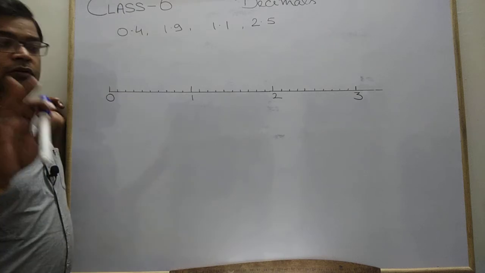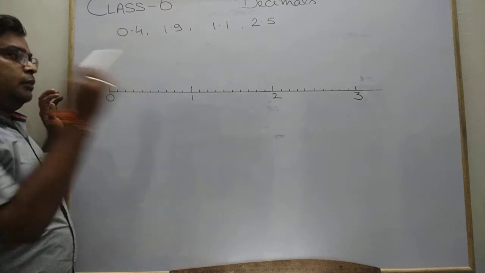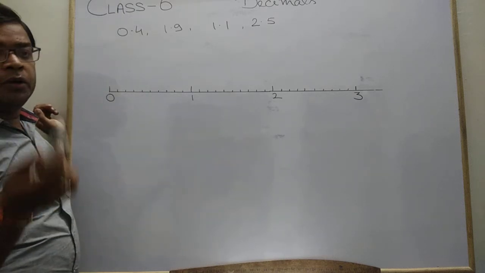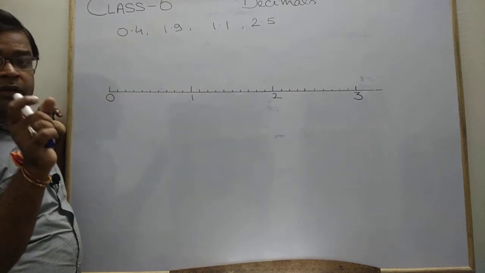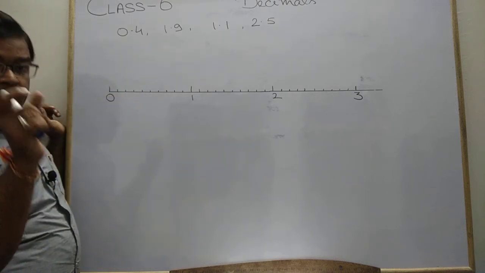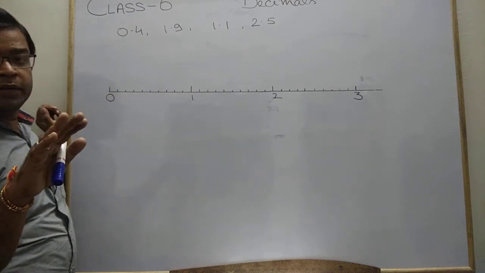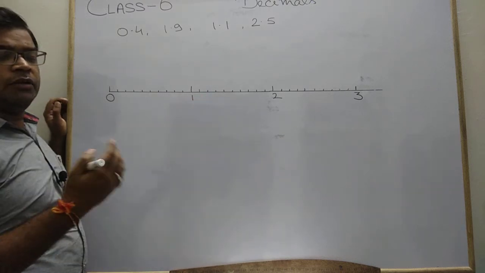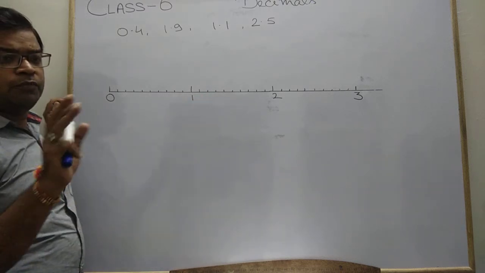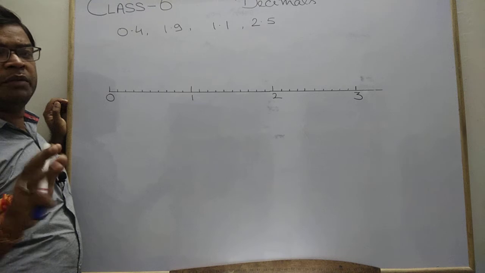While drawing the number line in your copy or exam answer sheet, observe that if there is no negative number in the question, you need not draw the 0 in the middle, because it will take more space and your figure may be messy.